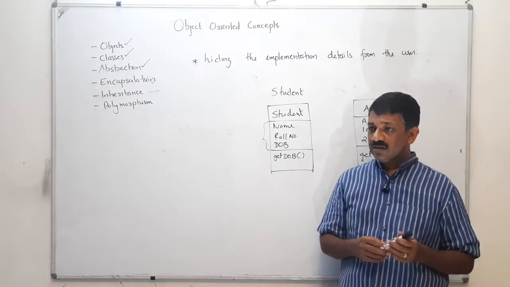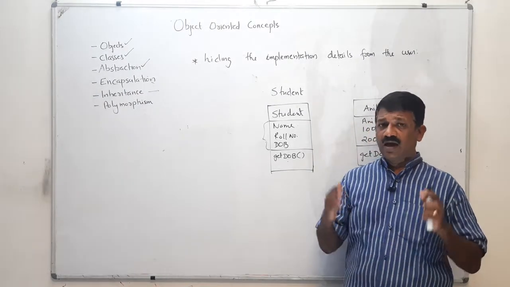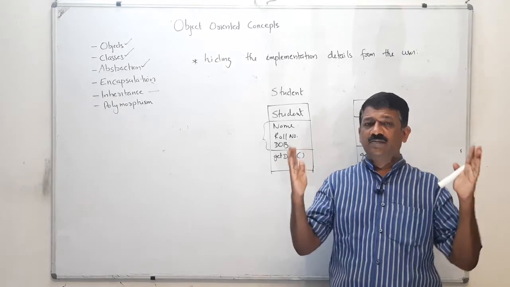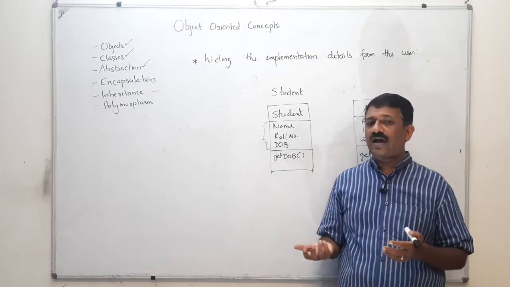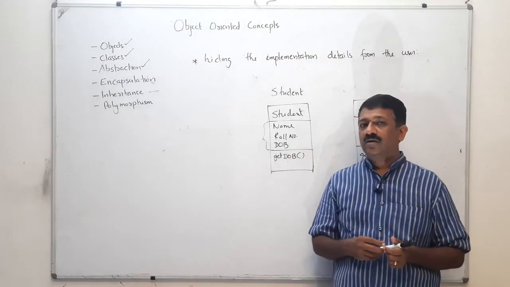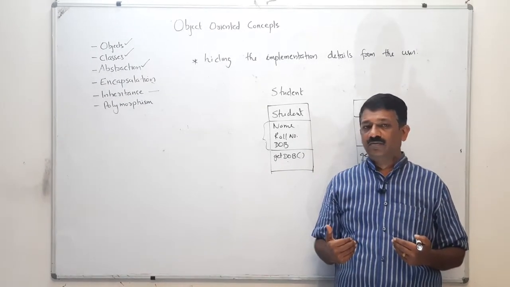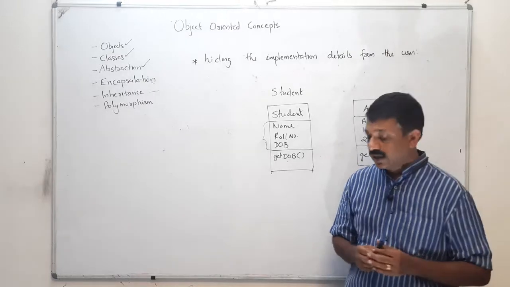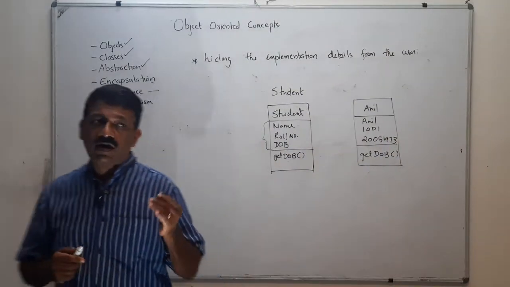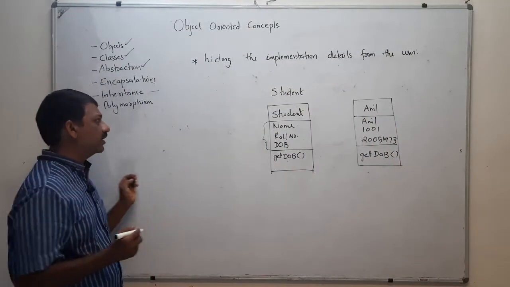For example, in the real world you inherit some properties of your parent. In the case of Java, multiple inheritance is not supported, only single inheritance.